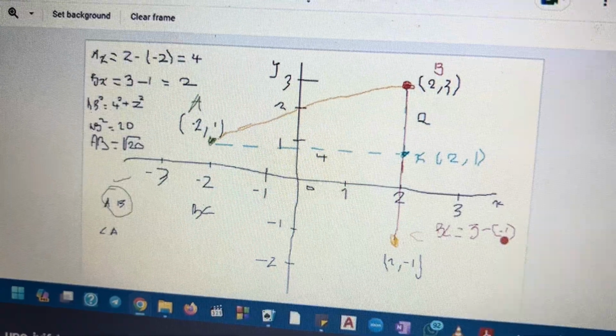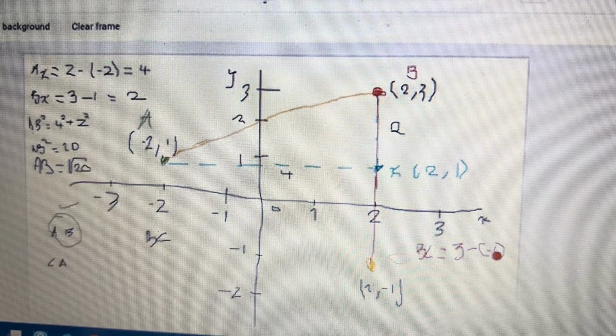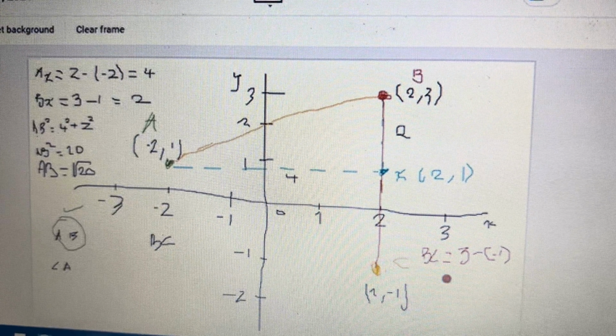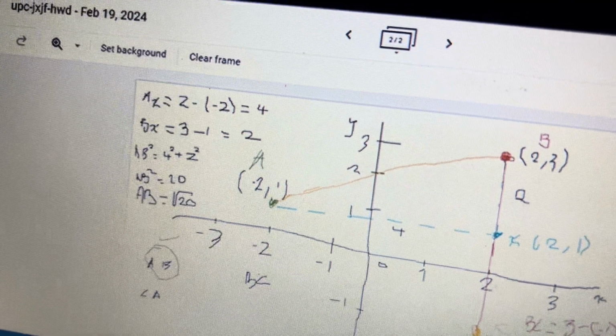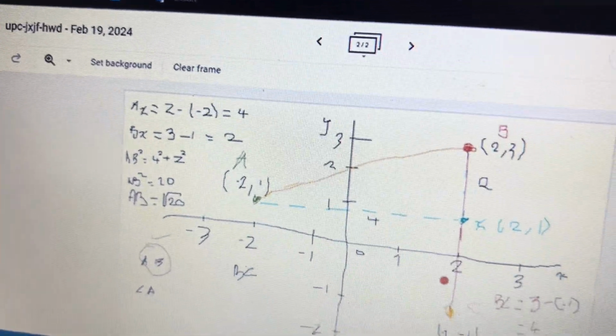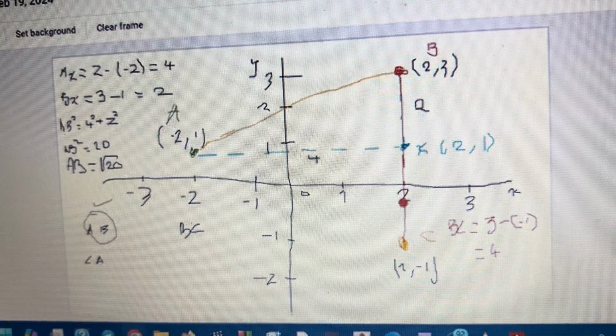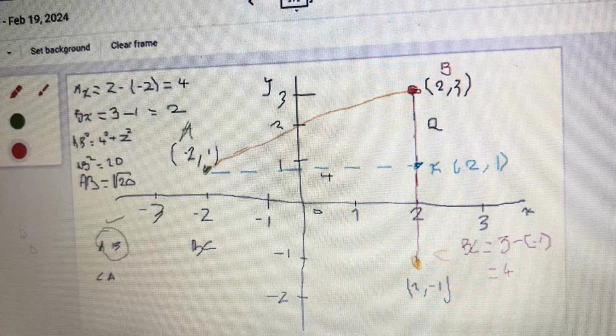The two signs multiply to give us a positive. So we have 3 plus 1, and that gives us 4. So the distance BC is just 4, 4 in the y-axis, since the change is in the y-axis. So from there we move on to this other point here, the distance CA.